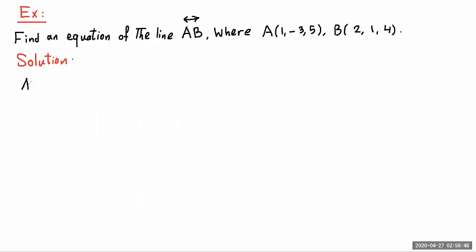The vector AB is equal to xb minus xa, so it's 2 minus 1, so it's 1i, plus yb minus ya, 1 minus minus 3, it's 4j, and 4 minus 5, minus k.